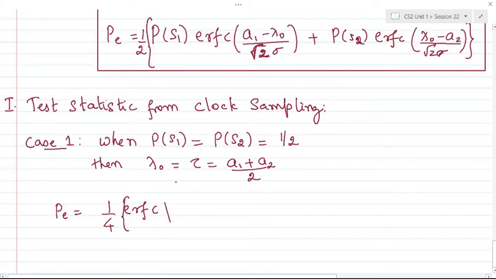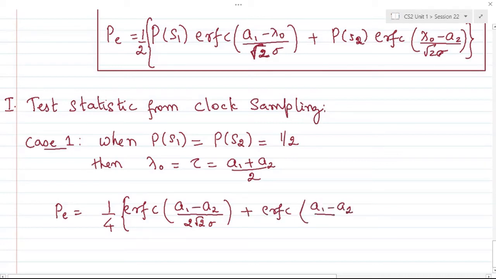The first complementary error function term, when lambda naught becomes (A1 plus A2) by 2, will be (A1 minus A2) by 2 root 2 sigma. Plus the second complementary error function, which will also become (A1 minus A2) over 2 root 2 sigma.